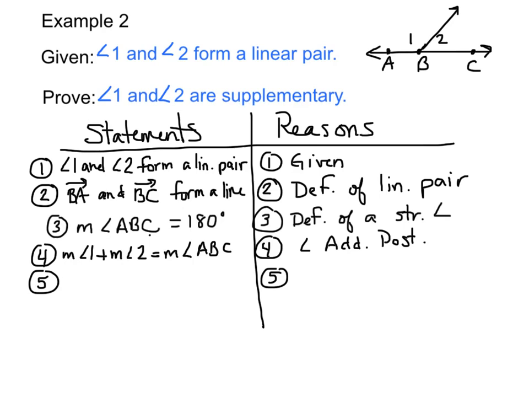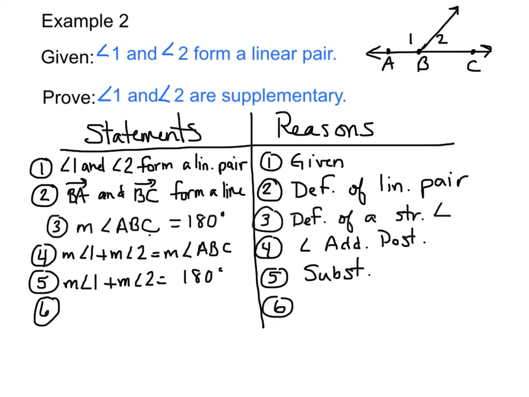Step 5. We know, this is what you just told me, this is where you really have to look. We said that the measure of angle ABC is 180. Here's ABC. So then you can say the measure of angle 1 plus the measure of angle 2 is equal to 180. What did you do there? You used substitution.